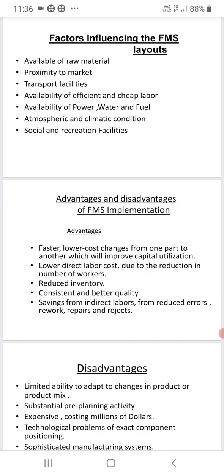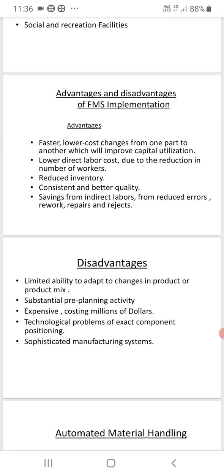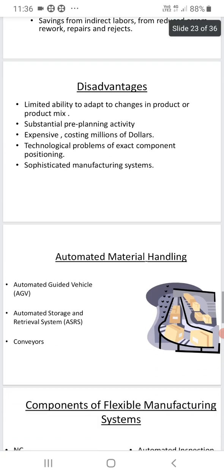Advantages and disadvantages of flexible manufacturing system: advantages are faster, lower labor cost, reduced inventory and a better quality. Disadvantages are expensive, cost in millions of dollars, sophisticated manufacturing system.